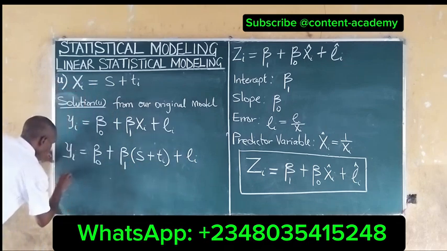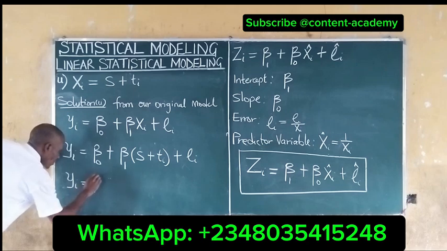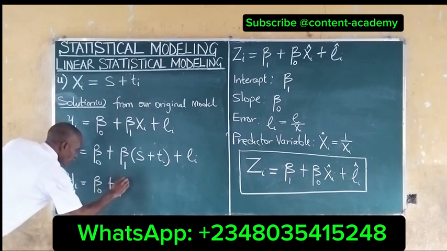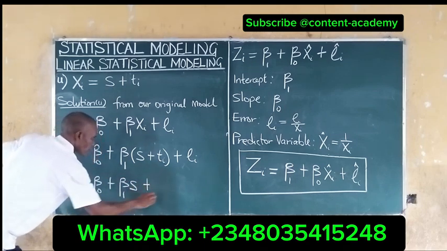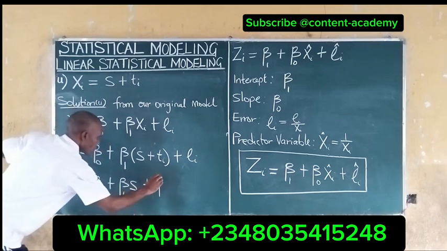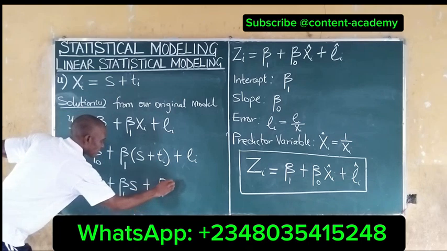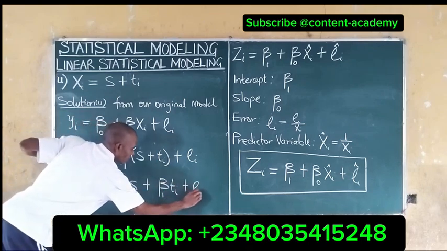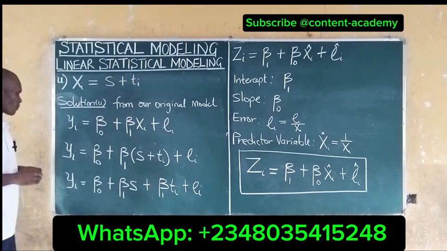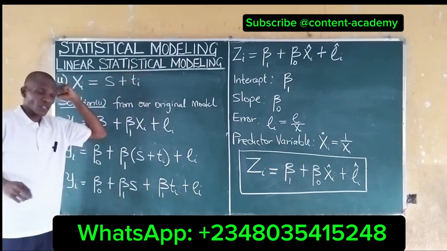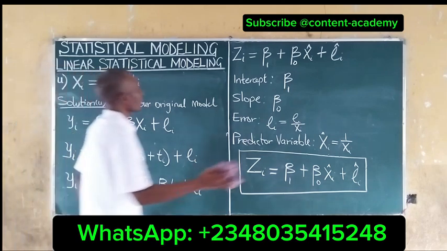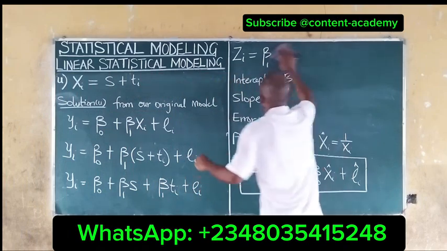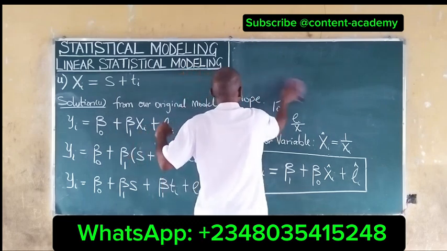If we open this bracket, we can write our y_i to be b naught plus b1 x plus b1 t_i plus e_i. So we move over to this other side of the board to write this out properly.